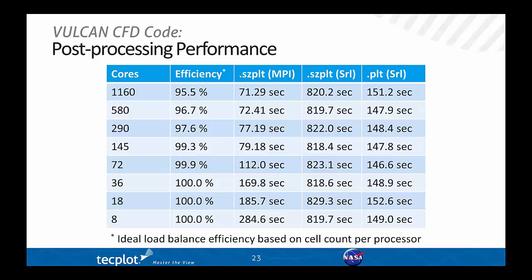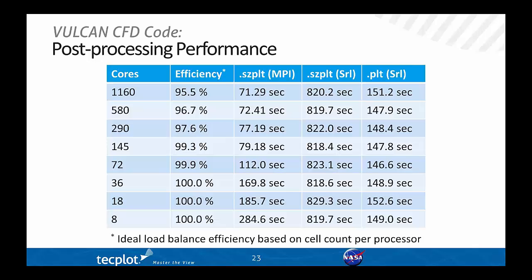Keep in mind the .szplt also did all of that block merging for me, which I can't do with the .plt format. So the .szplt file at the end of the day has 100 Tecplot zones in it instead of the 3,308 that the .plt file would have.